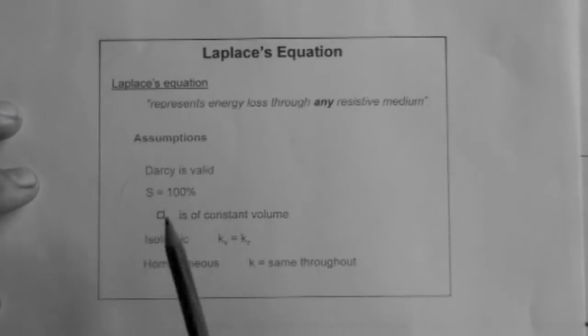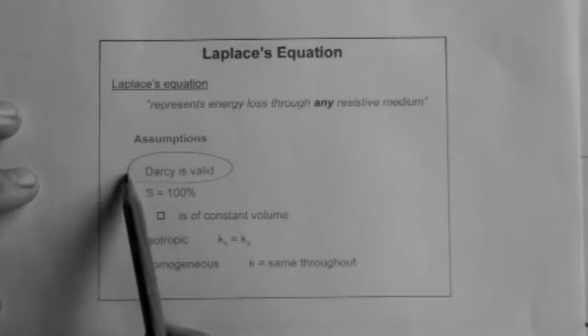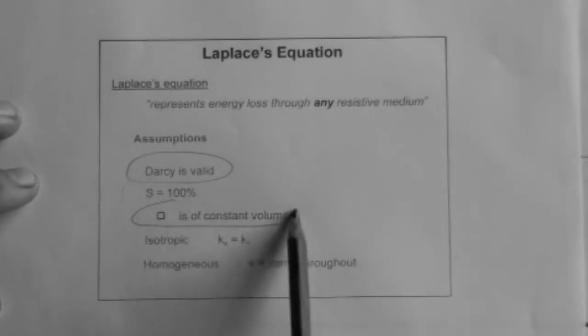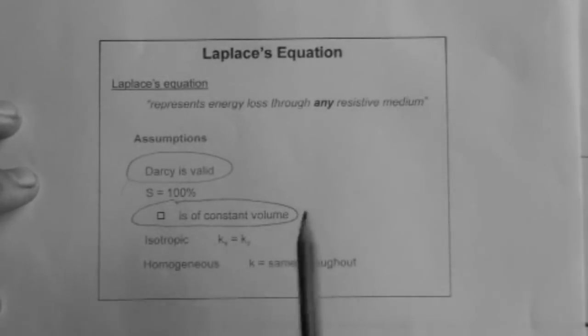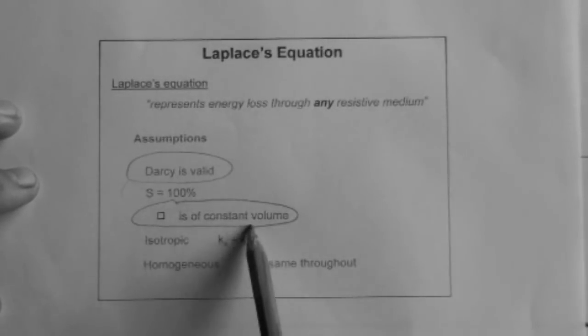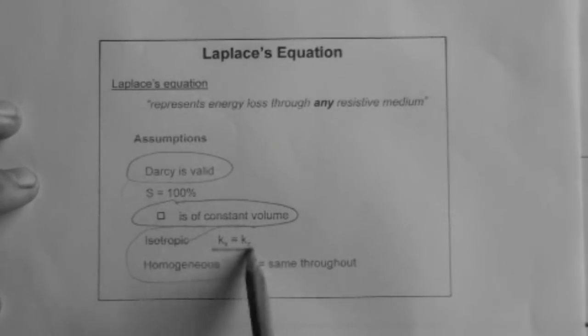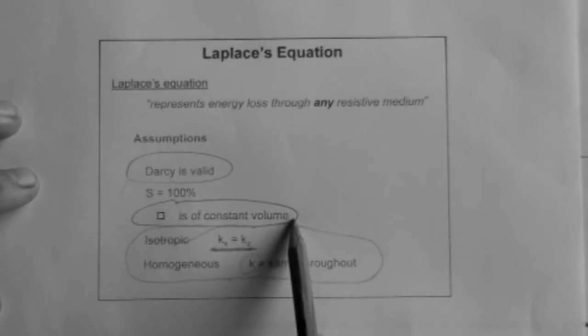Remember that for our derivation we assumed that the Darcy equation was valid, Darcy's law, we assumed that the element was of constant volume. We assumed that the hydraulic conductivity was the same in both directions of relevance, and we also assumed that the soil was just one type of soil, so the hydraulic conductivity is the same throughout the soil mass.